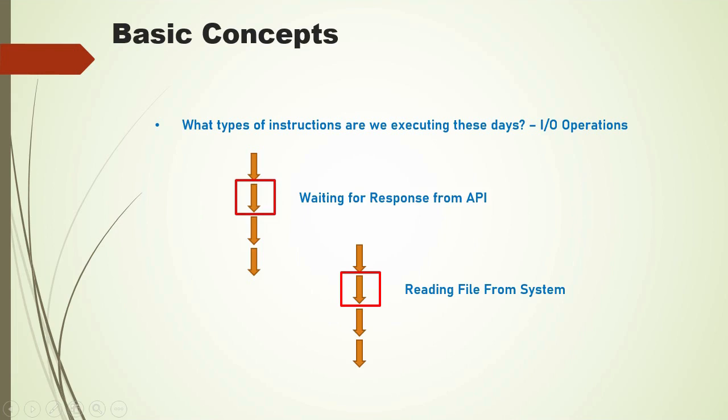Now what if this API call is executing in one thread and waiting for a response from the API? Then the third one can't execute. So for this one we would create a second thread here, and after it completes, it would get directly back. Processes like reading a file from the system take that much time, so for that we would create another thread here.